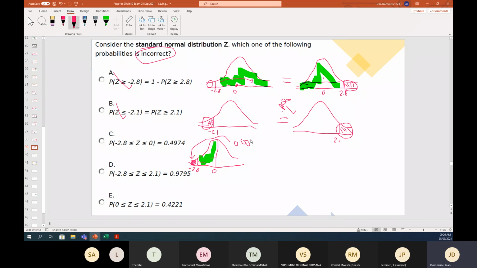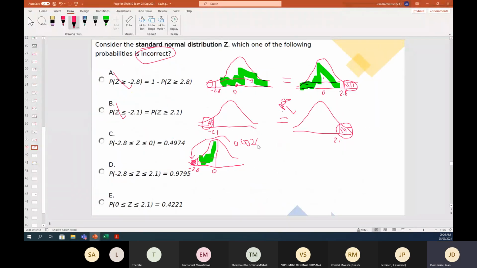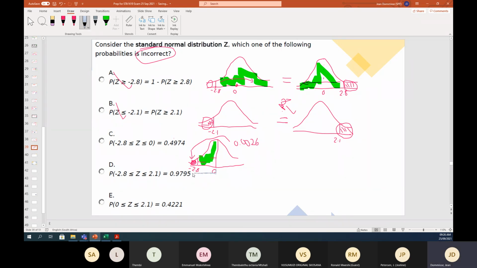So that small area is 0,00, was it 28? 26. Okay, 0,0026. Then what I also know is that this area is 0.5.